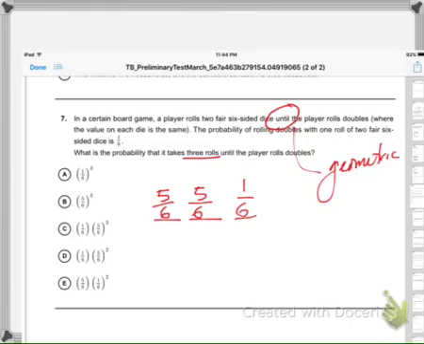So this is geometric probability, and usually, we see it in the form of this to some exponent. So failure, failure, how many times? So that's really Q raised to the 2nd power. It's a little bit tricky that they put it out of order because the 1/6 really is coming 3rd, but that answer is letter D.